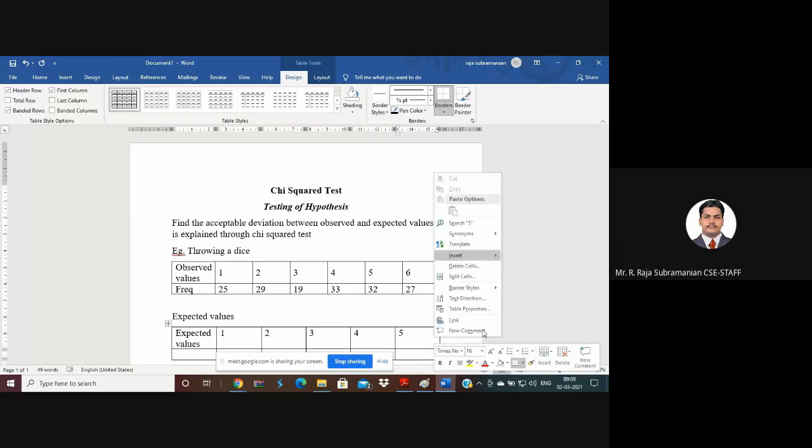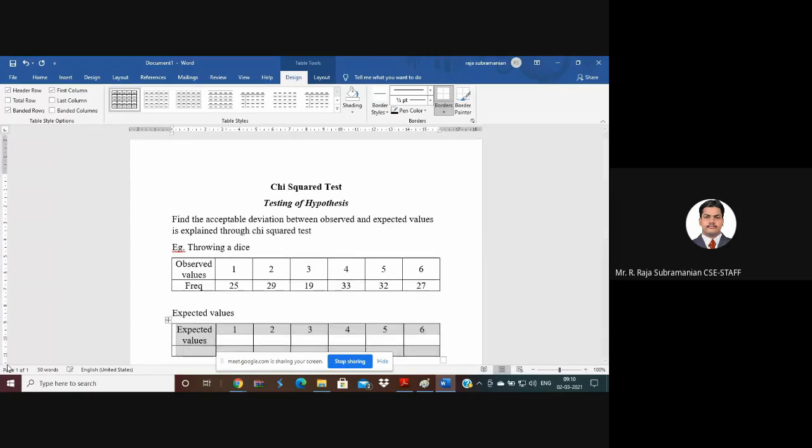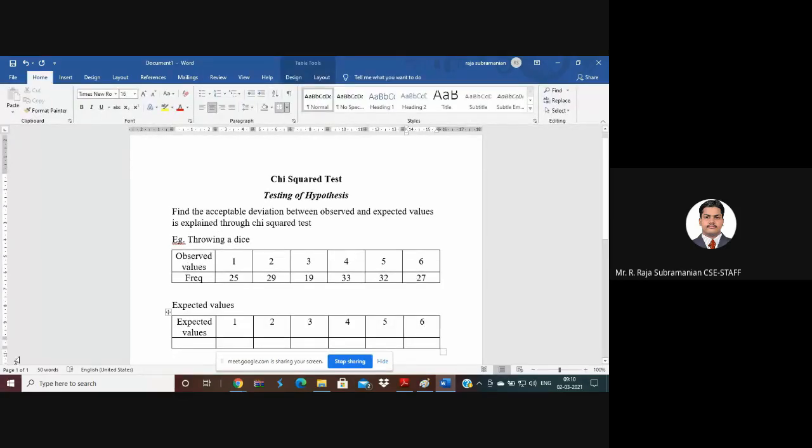I'll insert it. 6. Now the actual frequency should be equal to how much? Like you rightly said, it is going to be 1 by 6, but not 1 by 6 directly; it is 1 by 6 of the total terms.